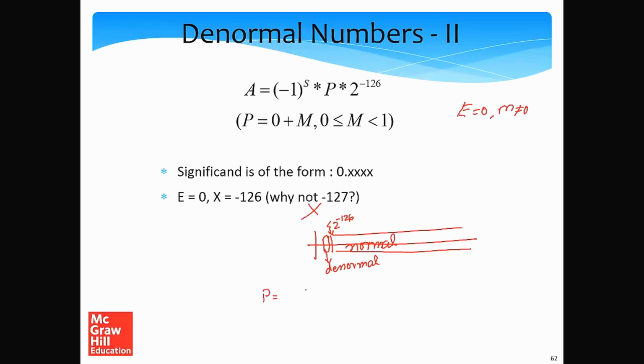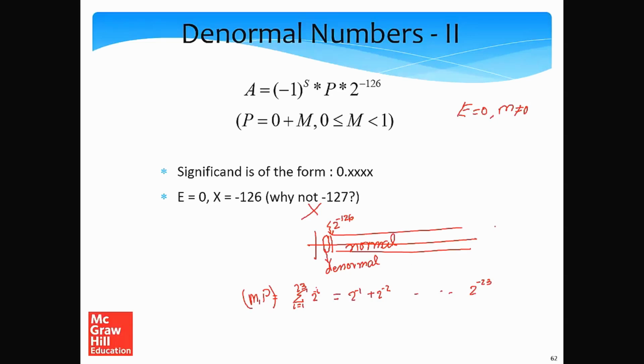The value of the largest possible mantissa, or the significand, they are actually the same, is equal to 2 to the power minus i, where i is going from 1 to 23, which is equal to 2 to the power minus 1 plus 2 to the power minus 2, all the way till 2 to the power minus 23. So this is a simple geometric series summation.